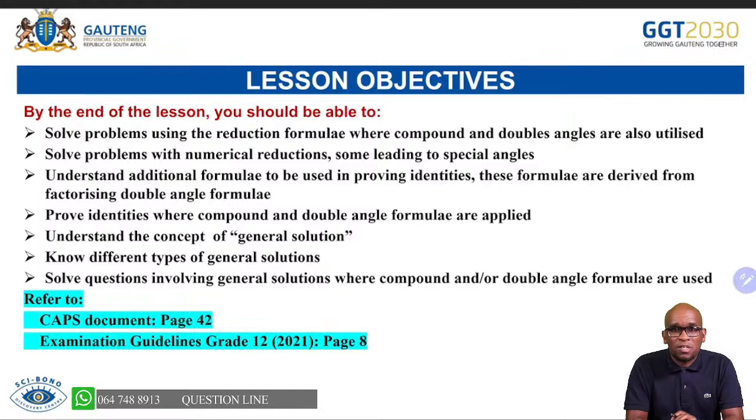So for the purpose of this lesson, we will be using the quadrant method because that's what most teachers are using. And then we should be able to solve questions involving the general solution where compound or double angle formulae are used. Right? Obviously, we can refer to the CAPS document as well as the exam guideline on those stipulated pages there, just to check the scope within which we should cover our trigonometry.